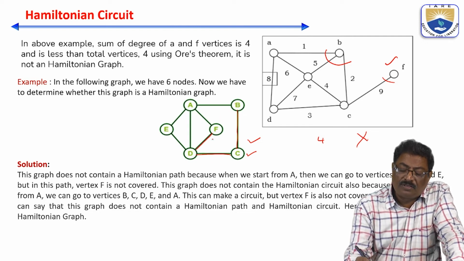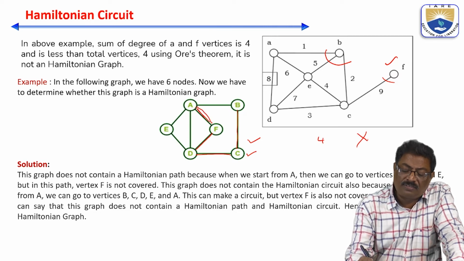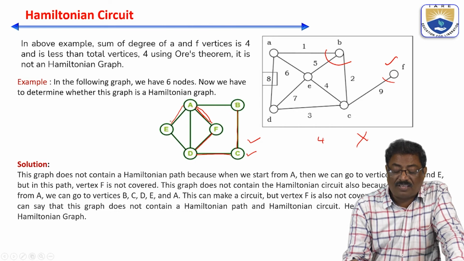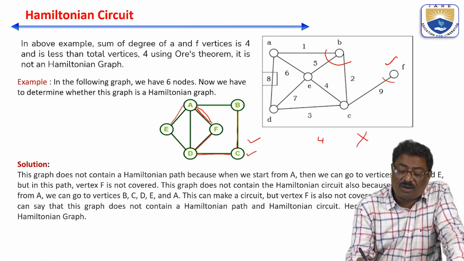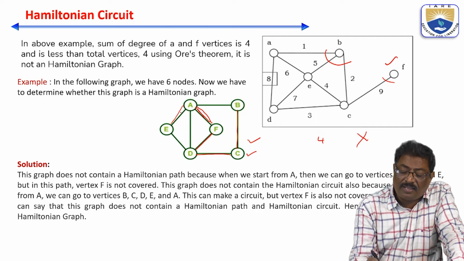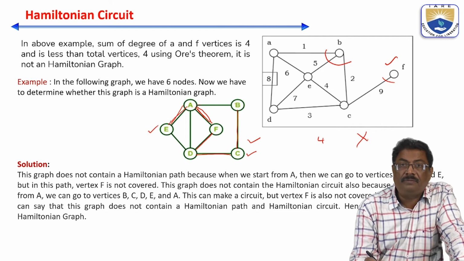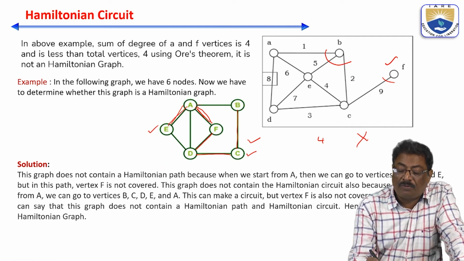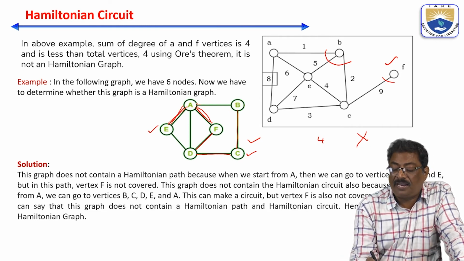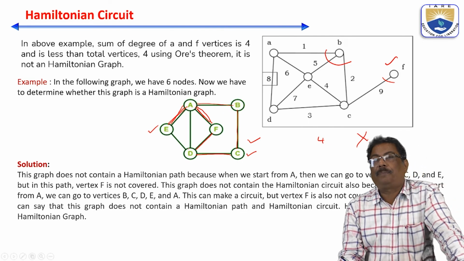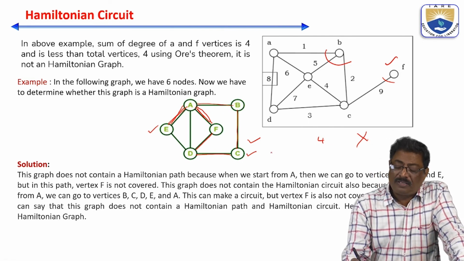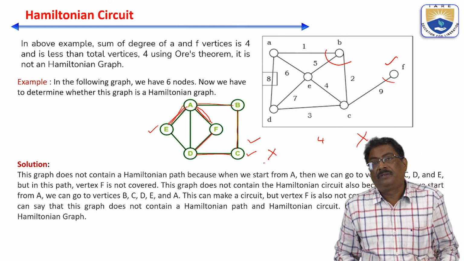Then I move to the 4th vertex, the 5th vertex and so on. Then I can connect like this and get a closed walk, but it does not cover vertex E. Whenever E is covered, I have to traverse back to A and once again to B. That means a vertex is repeated. So this is not a Hamiltonian graph.